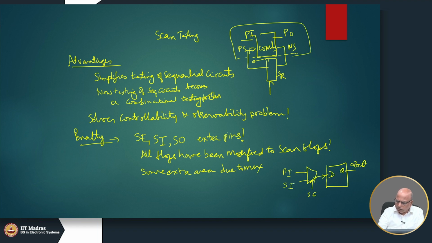Now, there is a gate delay, so there is an extra delay due to the multiplexer. That will cause the circuit operation to slow down. Then there is some extra power. The multiplexers will dissipate power.